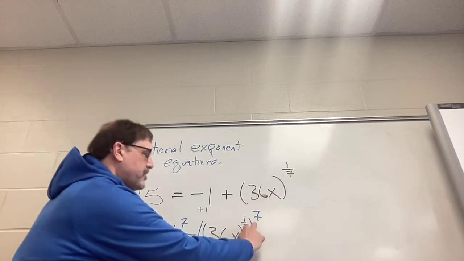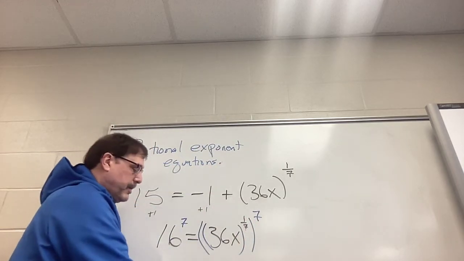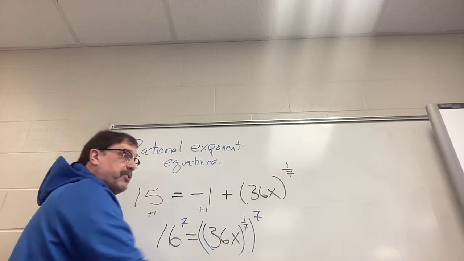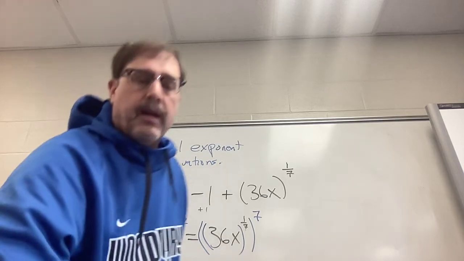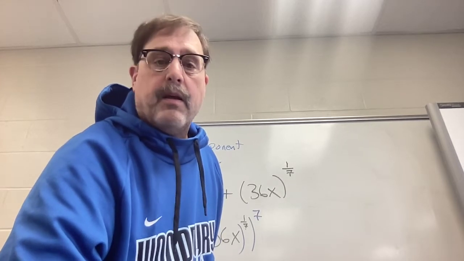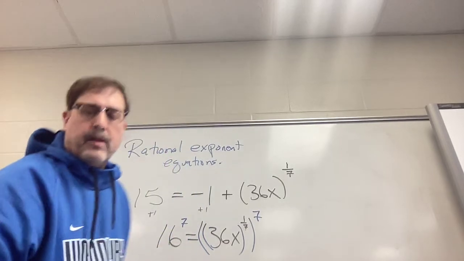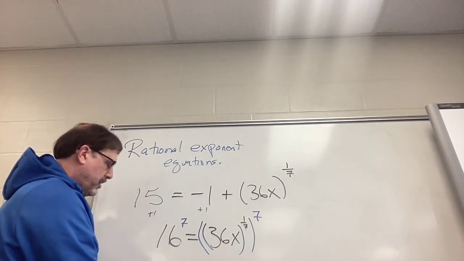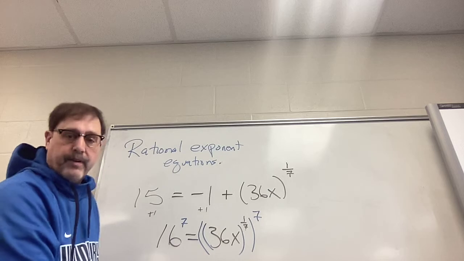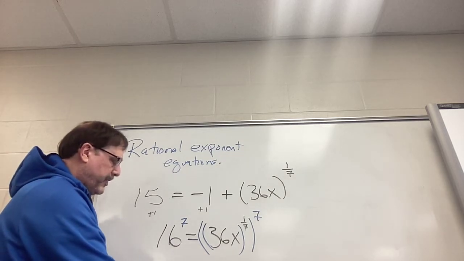So what do these two do? The 1/7 and the 7 simply get rid of each other, and that part just becomes 36x. And now that I got my calculator up and running, 68,435,456.